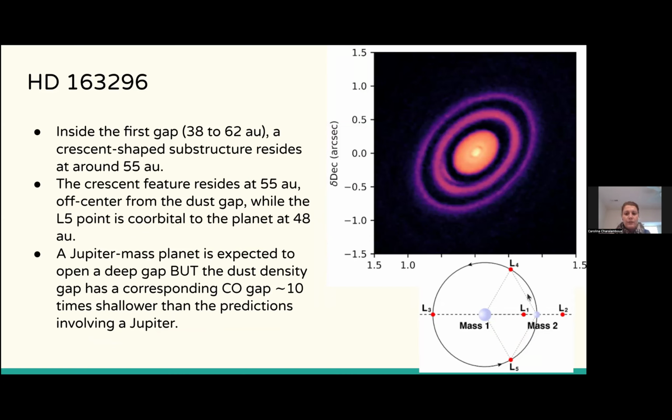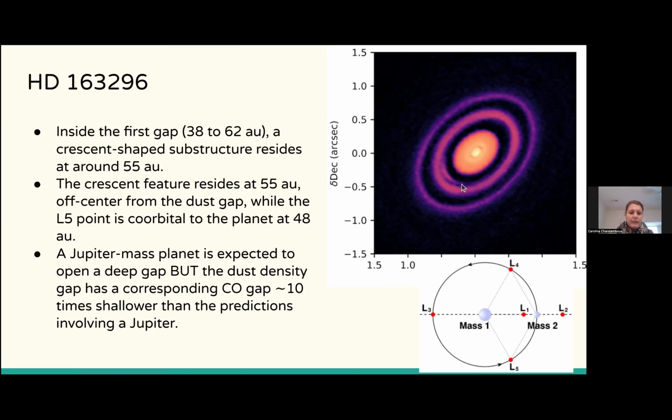So just to remind you, the L4 and L5 points are co-rotating orbits with the planet that are stable locations. So if it was in the L4 position, it should be at exactly the same orbit.